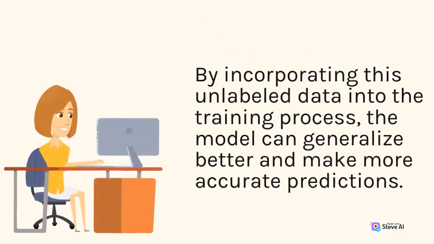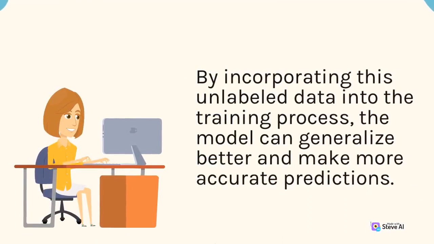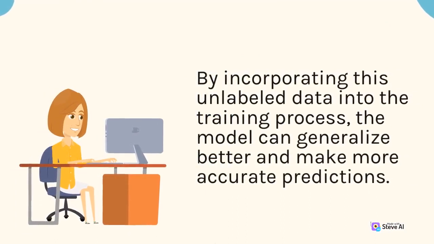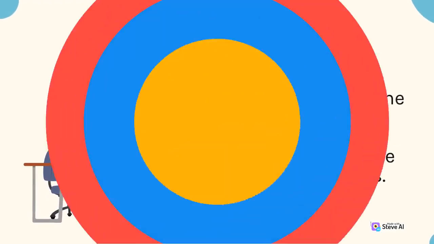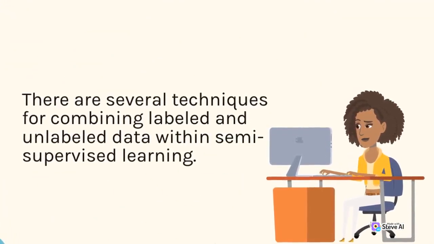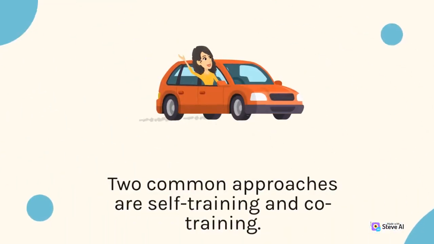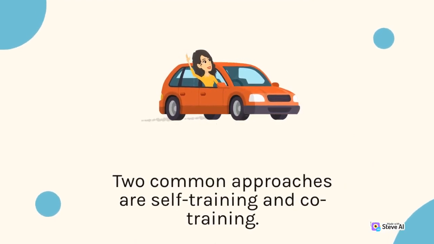By incorporating this unlabeled data into the training process, the model can generalize better and make more accurate predictions. There are several techniques for combining labeled and unlabeled data within semi-supervised learning. Two common approaches are self-training and co-training.